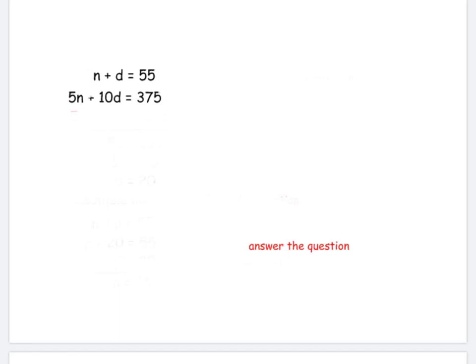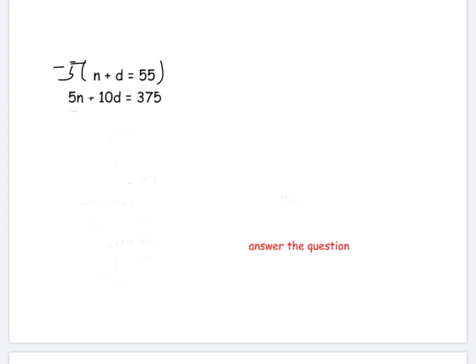Step 3 is to solve the system of equations. So it already is lined up, so I would be using linear combinations or elimination. So let's make the nickels opposites. So if I make the nickels opposites, I need to make the top n -5. So that means I have to multiply the top equation by -5.